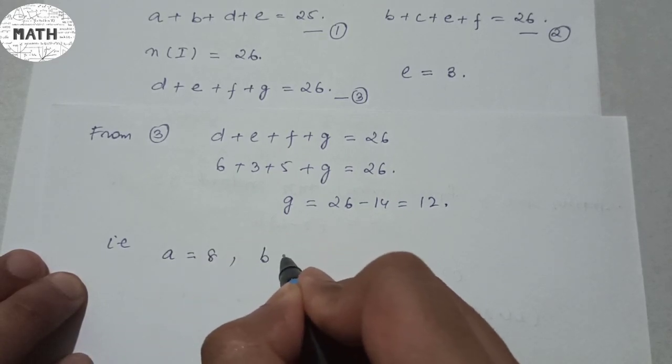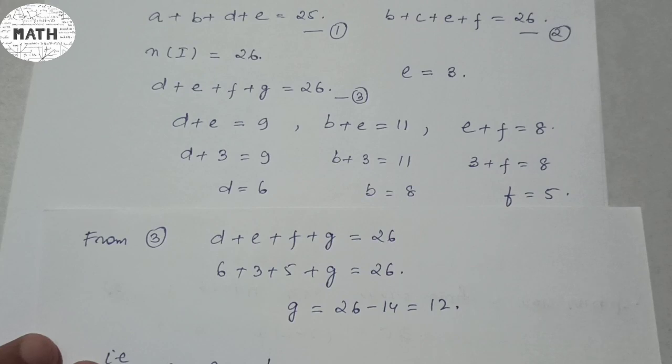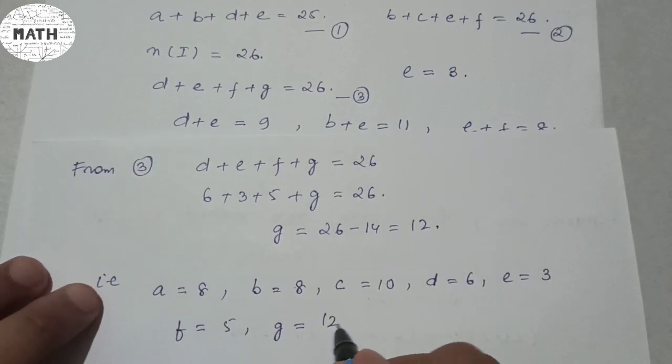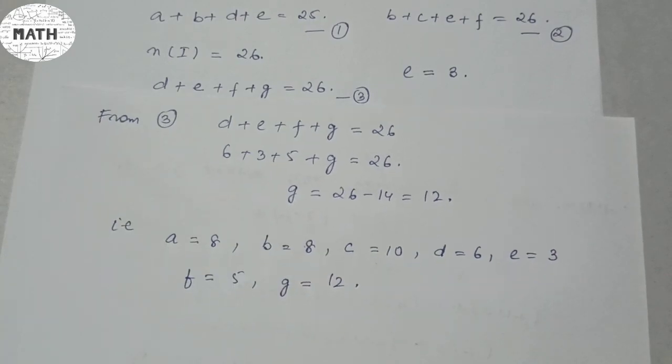Your B I got it to be 8 again. Your C, I got it to be 10. Your D, I got it to be 6. Your E is nothing more than 3. Your F, I got it to be 5. And your G, I got it to be 12. Sorry about it. So these are all the alphabets that I got.